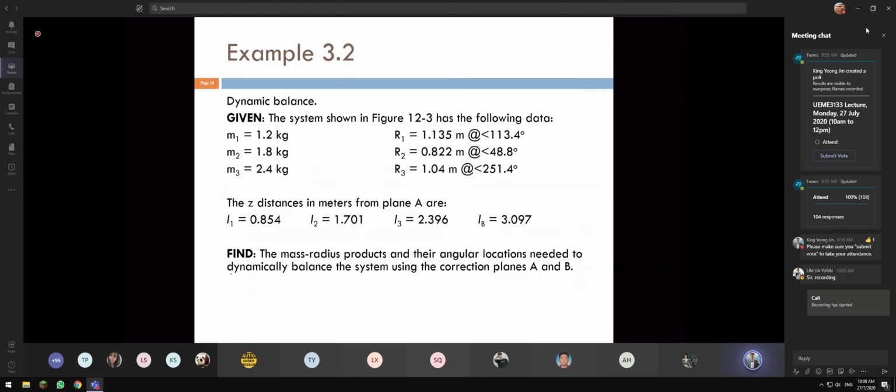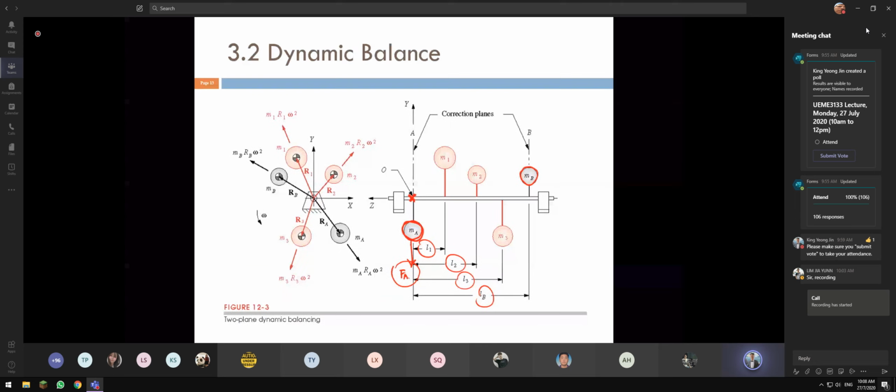Okay. So now we look at the example. We still refer back to this diagram. So we have the masses m1, m2, m3. For dynamic balancing, we need two masses. Normally, or almost all the time, we need at least two masses, mA and mB, to balance it.